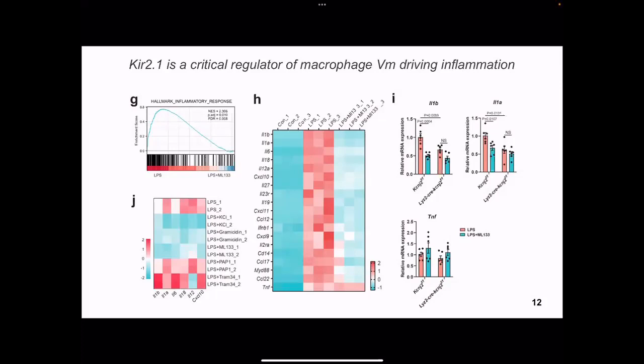And also, you can see that elevated extracellular potassium or gramicidin showed a similar suppression of these genes. So that means it is a general effect of the membrane depolarization on this cluster of inflammatory genes.